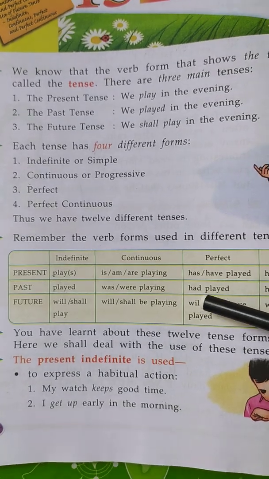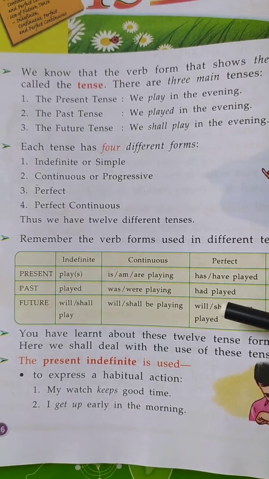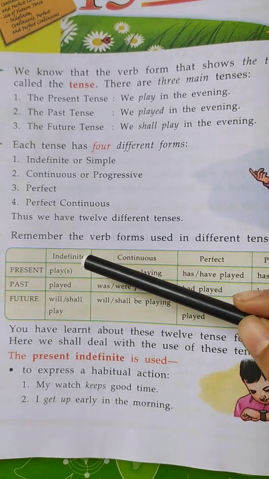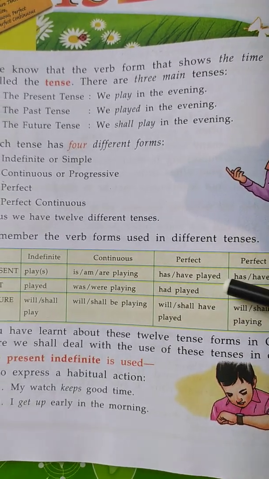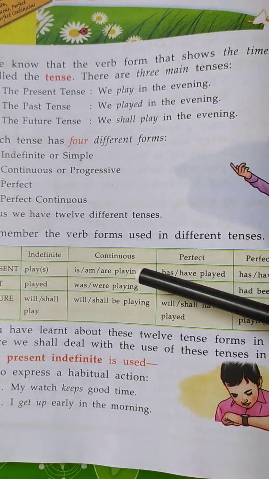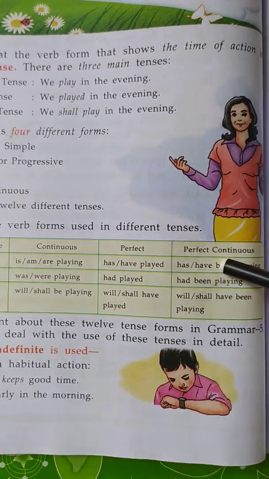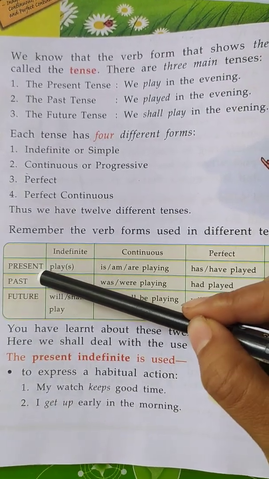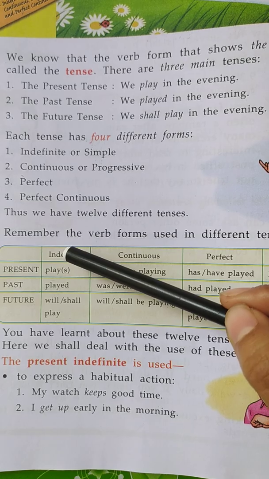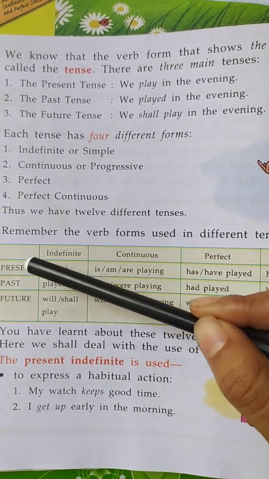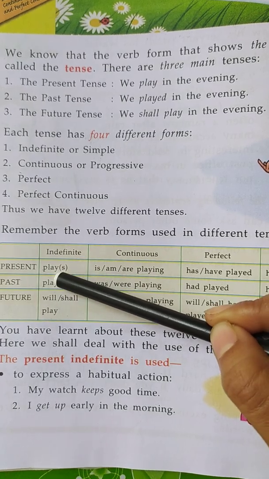Okay? There is a box given about each tense's verb form. Indefinite, continuous, perfect, perfect continuous. Present. In present indefinite, we use plays.